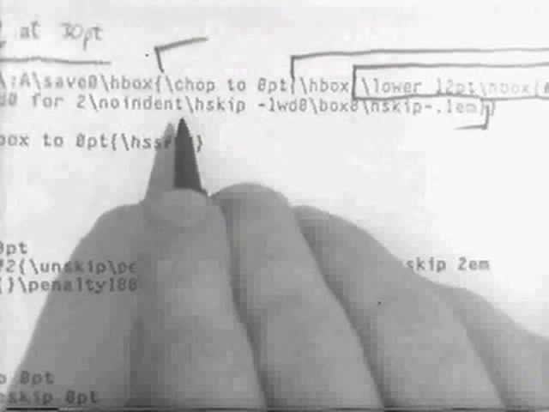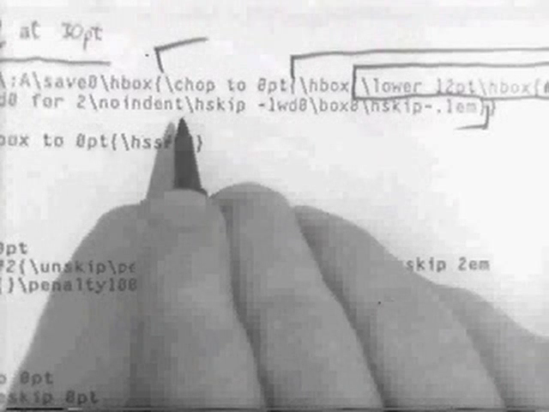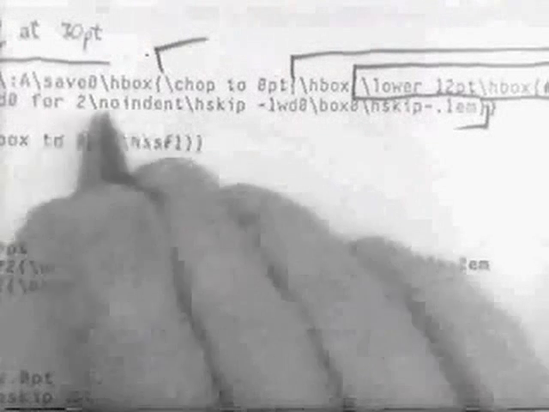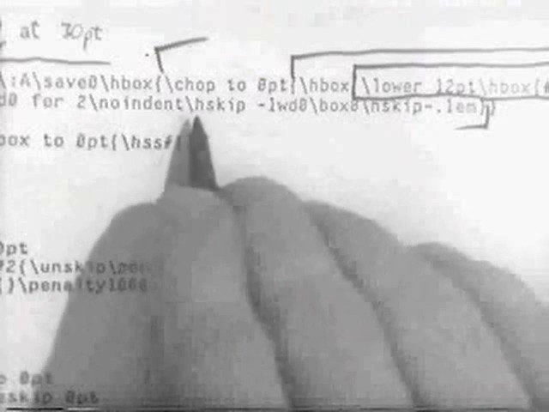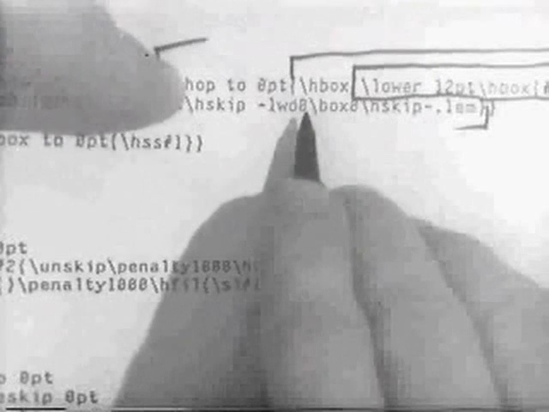So I'm getting that indentation of the width of the box and no further indentation. This no indent says no extra paragraph indent besides that one. But then I have to backspace by the width of the box in order to get to the left margin because of the hanging indentation. Then I put out the box, and then I take away this extra space so that the first word will go on the line. Yeah?